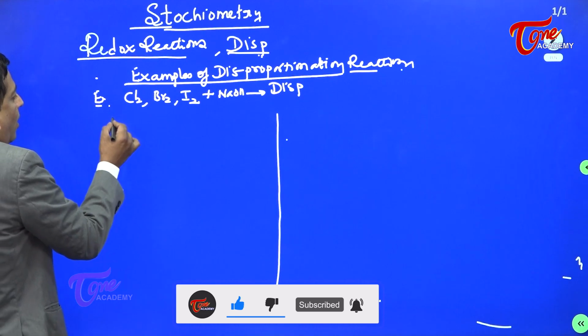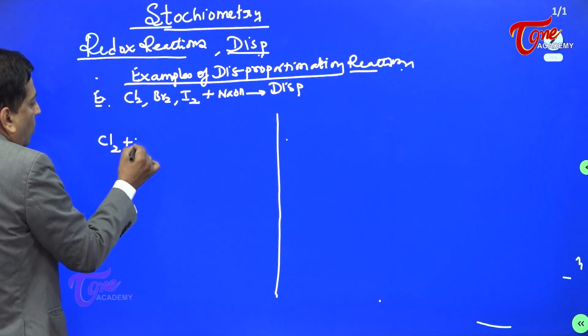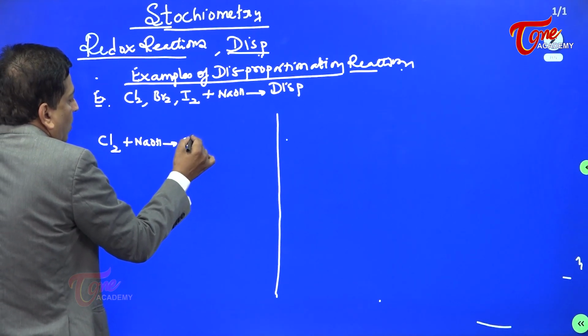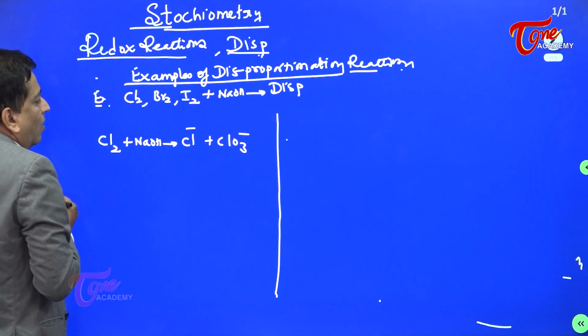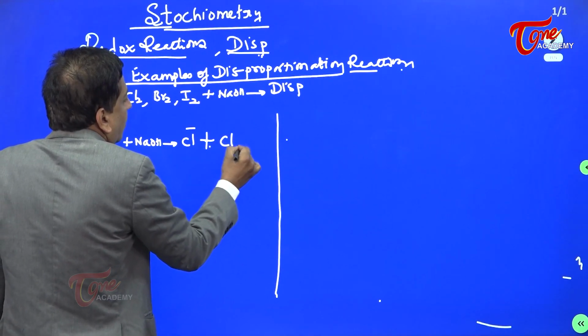For example, what is the case of chlorine here? Chlorine plus NaOH. One of the reactions gives Cl minus and ClO3 minus, or Cl minus and ClO minus. You can understand.